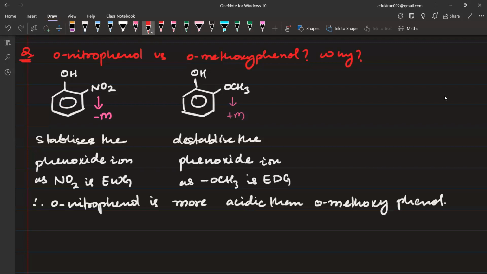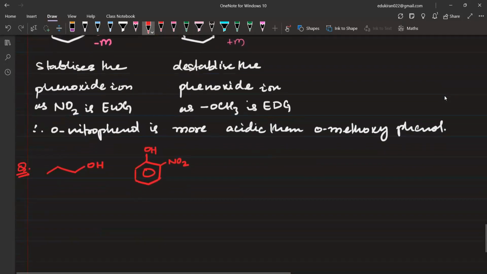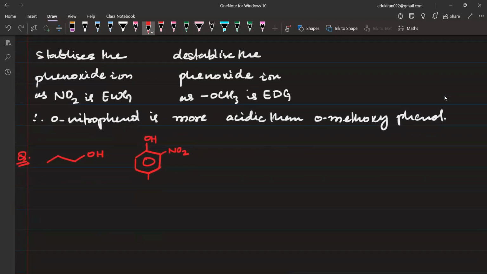Now, this was very simple. Let us compare a few different things, okay? You have a propanol, and then you have a phenol, which is basically having NO2 in the ortho position. We have written the structures at least. NO2, and NO2.